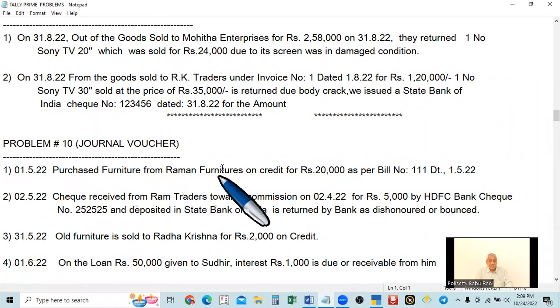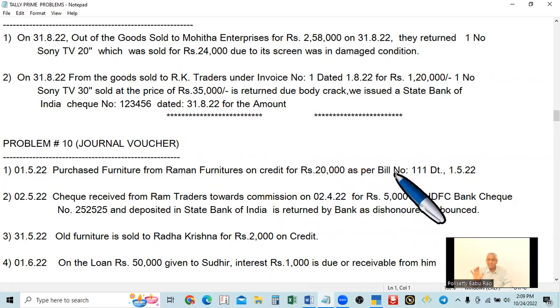Here I am giving the transactions relating to the journal voucher. But later we will take up problems where all the transactions will be mixed up, and we have to analyze and select which voucher to enter. Now let's see: purchased furniture from Raman Furnitures on credit for 20,000 as per bill number, or invoice number, both are the same.